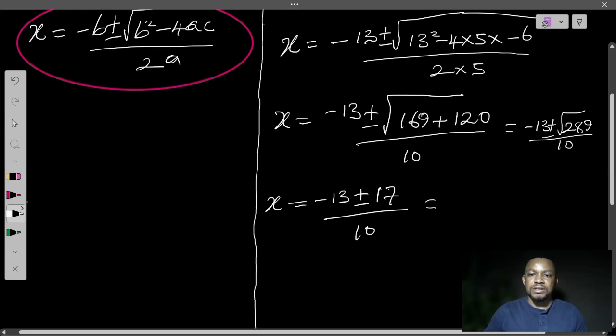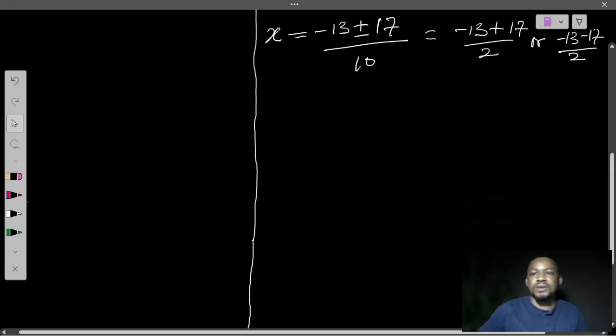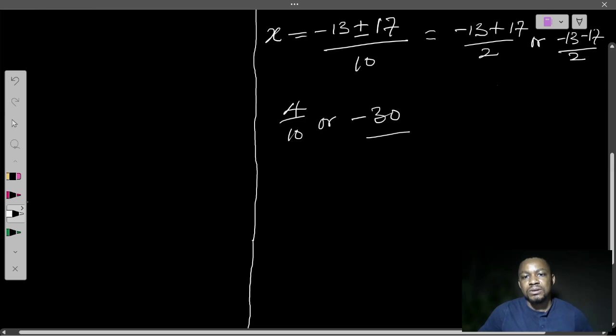So this is going to give us minus 13 plus 17 over 10, or minus 13 minus 17 over 10. Oh sorry, this is not 2, this has always been 10. So if we evaluate this, minus 13 plus 17 is going to give us 4 over 10, or minus 13 minus 17 is going to give us minus 30, all over 10. So this becomes 2 over 5 or negative 3.